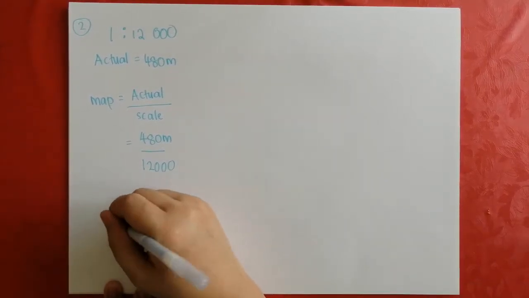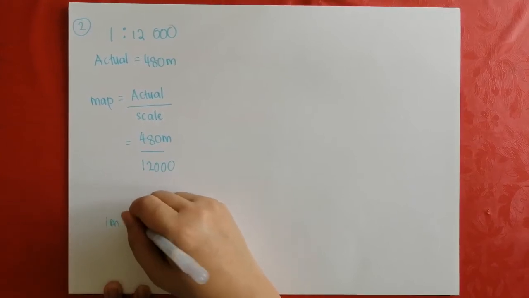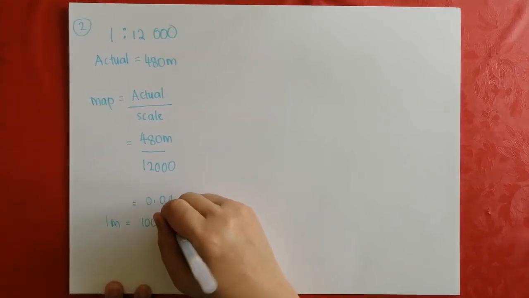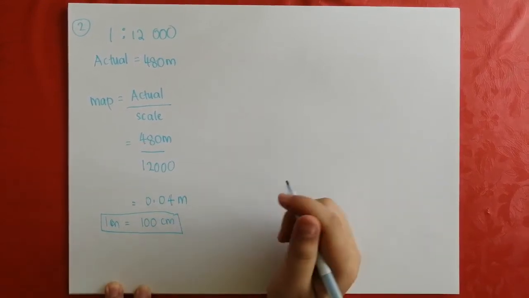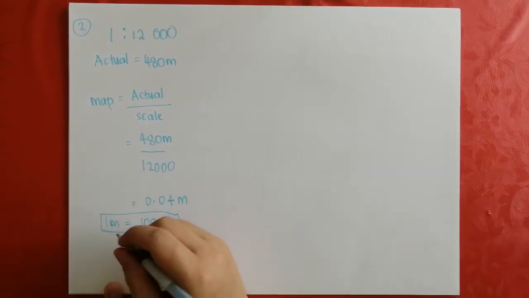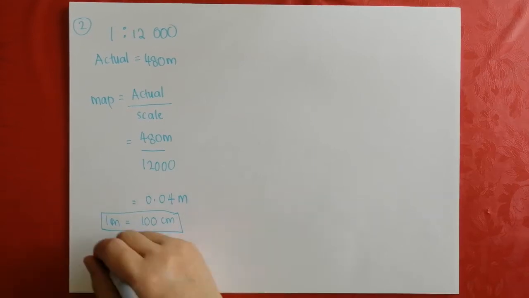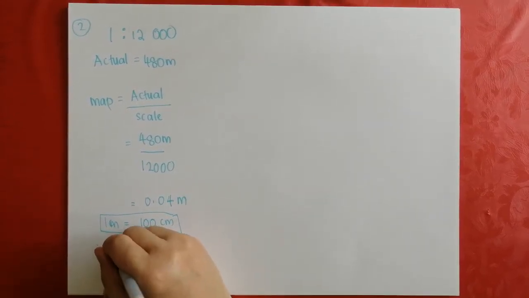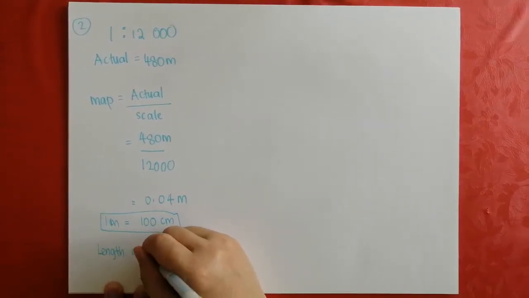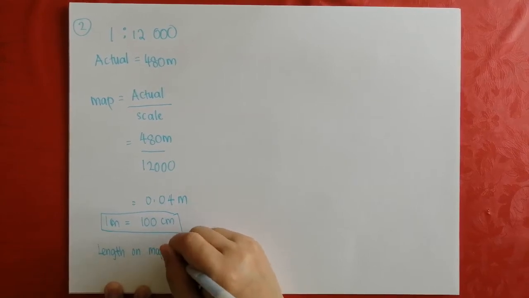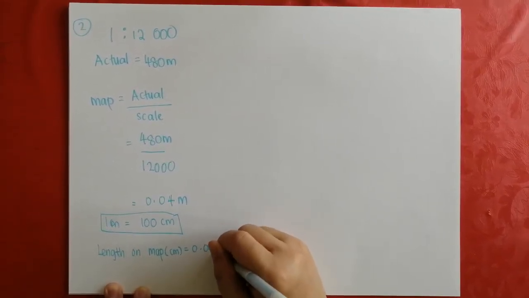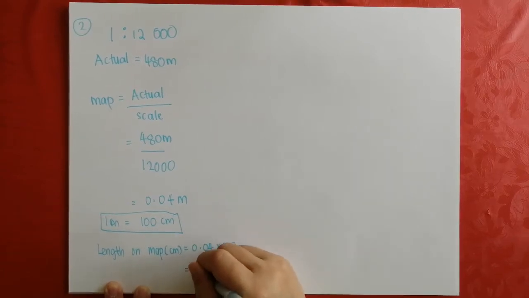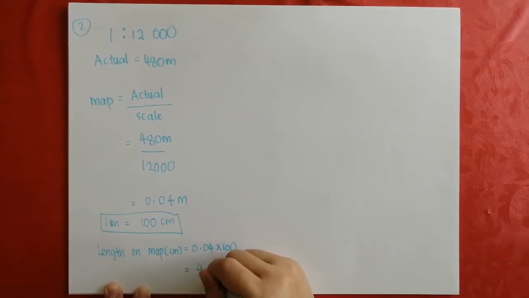We know that 1 meter is 100 centimeter, so we need to multiply. The length on the map in centimeter is 0.04 multiplied by 100. That gives you 4 cm.